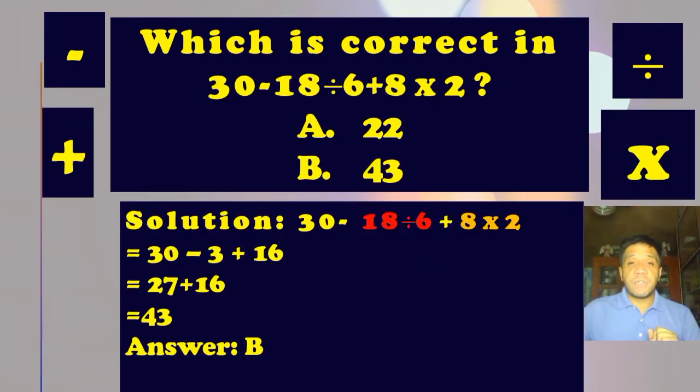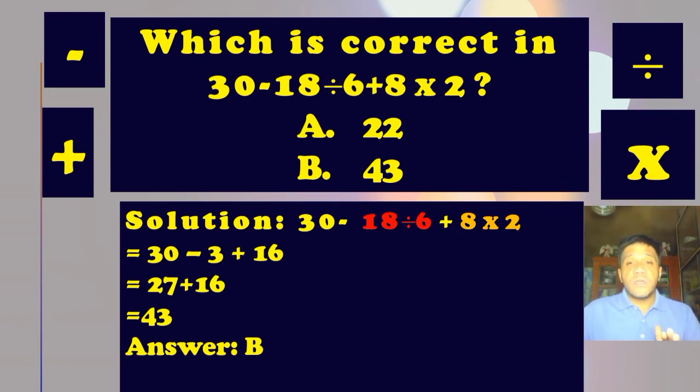Okay, let's proceed. Going back to the question I posted a while ago: which is correct in 30 minus 18 divided by 6 plus 8 times 2? Is it A, 22, or B, 43? How do we work this out? Again, M and D. Take note that the division operation has 18 and 6, and the multiplication operation has 8 and 2.